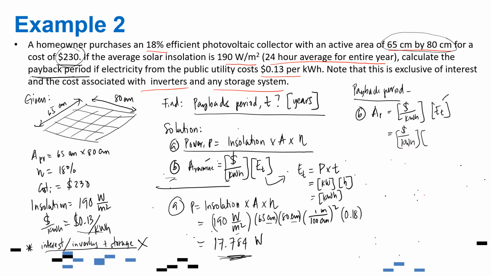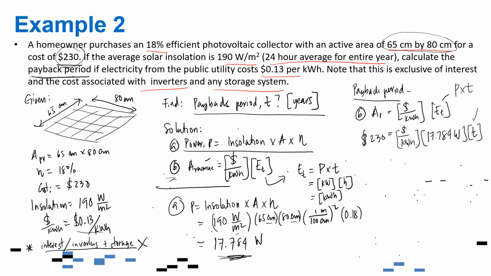We have already solved the power, 17.784 watts, times time, T, because T is now the unknown. This is the time we are supposed to find, so that the annual revenue should be $230, because that's how long it will take to recover the $230.